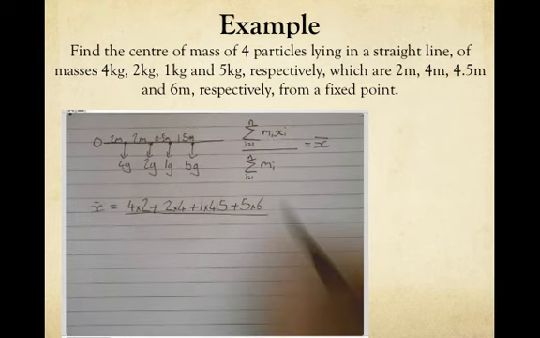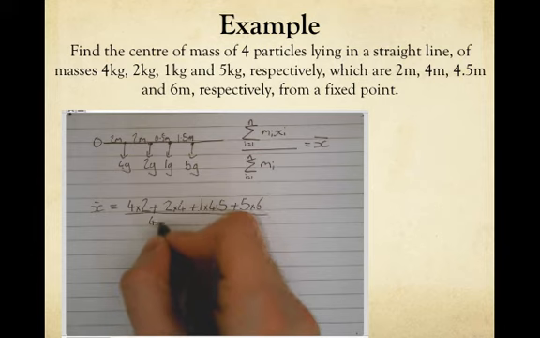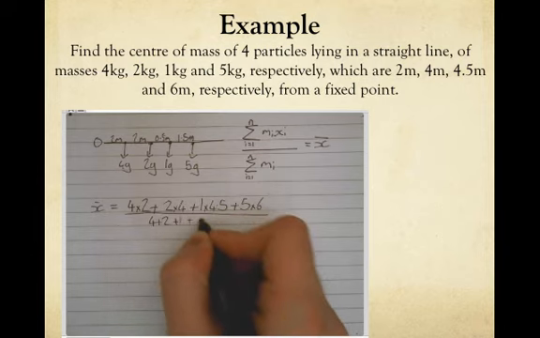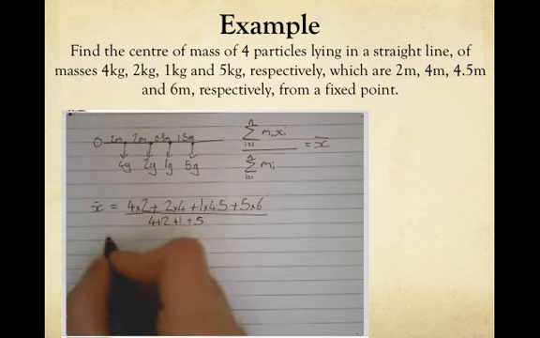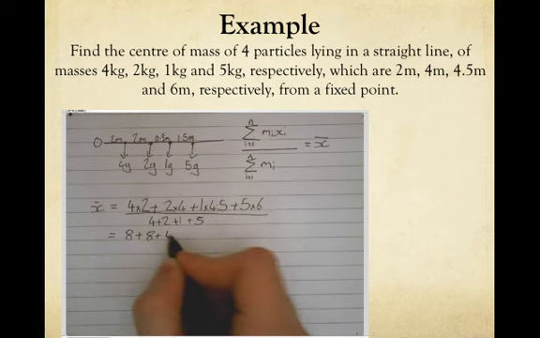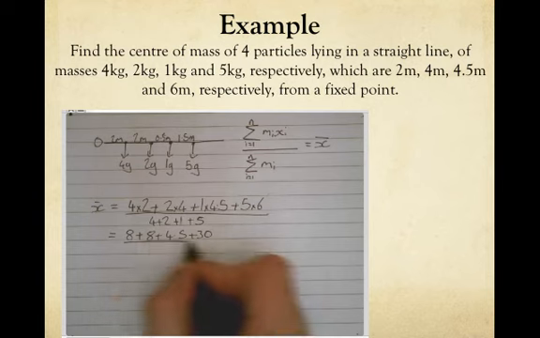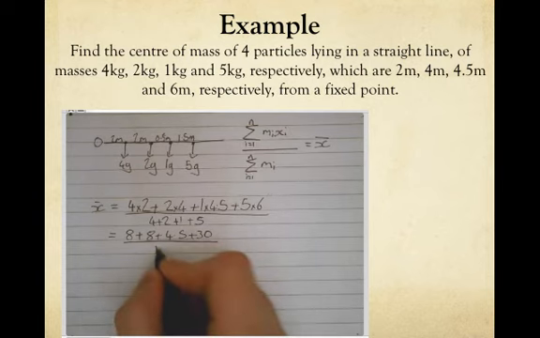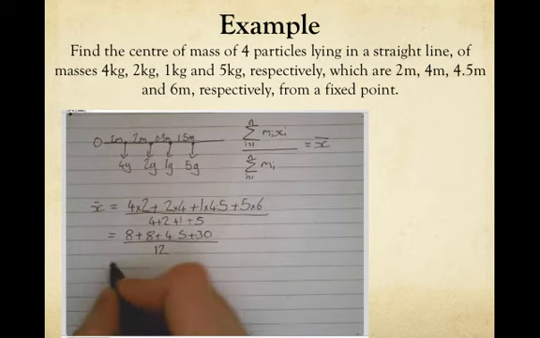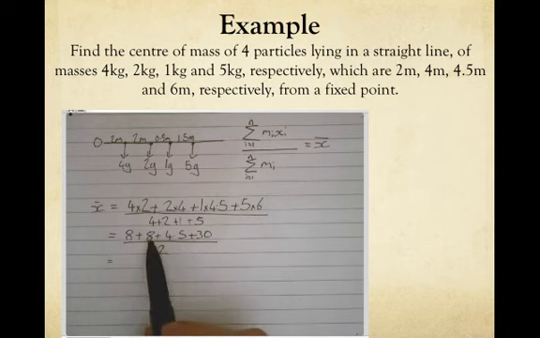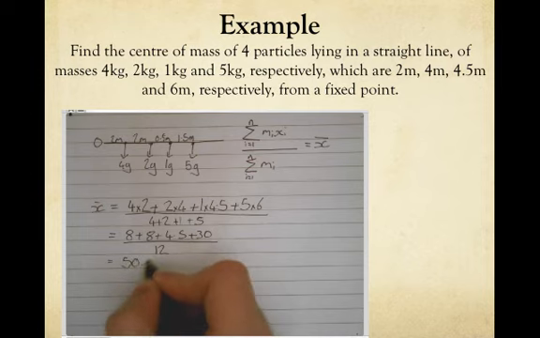All divided by the sum of the masses, so 4 plus 2 plus 1 plus 5, which gives us, if we're being very thorough, 8 plus 8 plus 4.5 plus 30 divided by 12, which gives us 16, 20.5, 50.5 divided by 12.